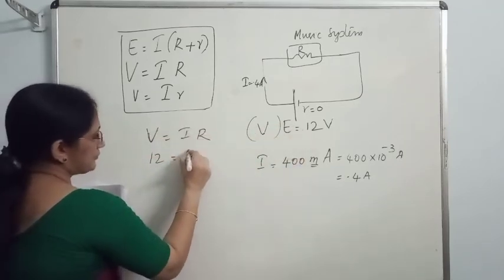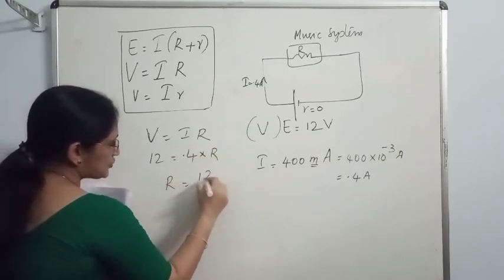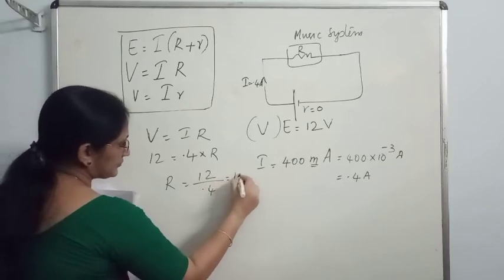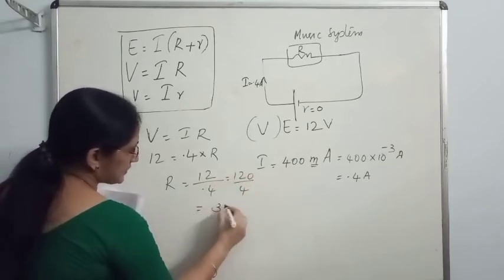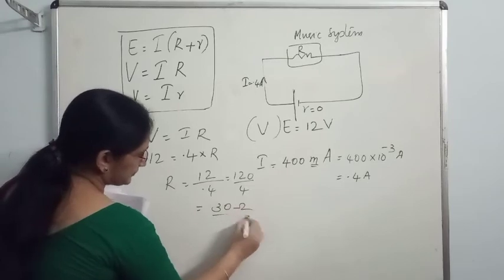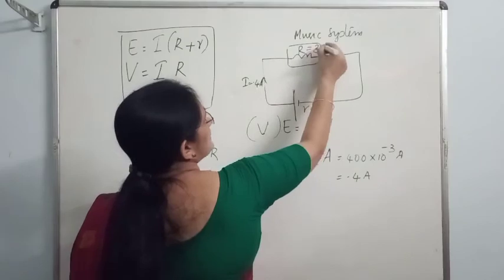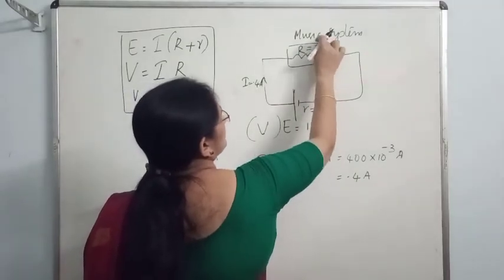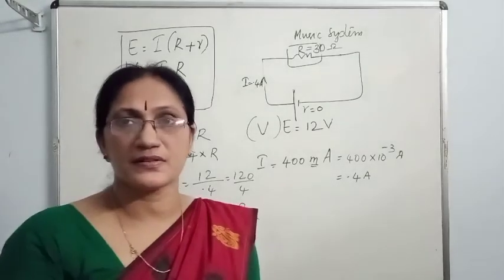I 0.4 into R. So R is equal to 12 by 0.4. That means 30 ohm. Resistance of this music system is 30 ohm.